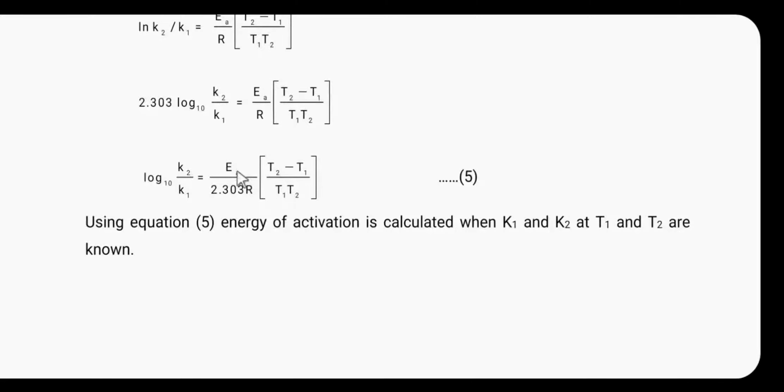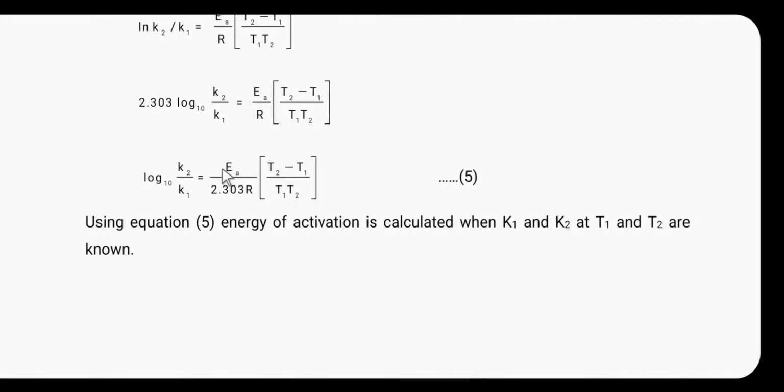Again here the unit of the energy of activation depends on the unit of R. So if R is in calorie, energy of activation is also in calorie. If R is in joule, then the energy of activation is also in joule. So this method is called the substitution method, because directly we can substitute the values of T1, T2, k1, k2, and we can determine the energy of activation.